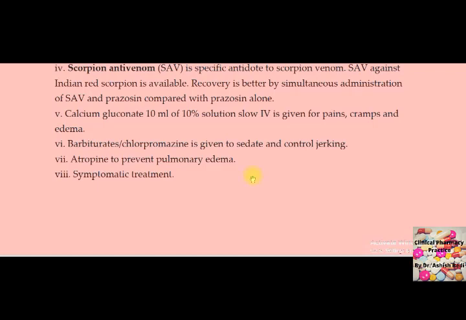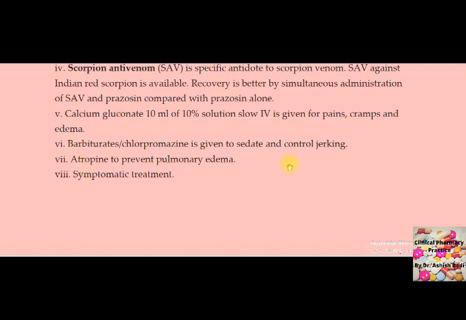Okay, next will be atropine. Atropine is the universal antidote that you already know. Atropine is given to prevent pulmonary edema. If the patient is not getting relief from calcium gluconate in the case of edema, you can use atropine.